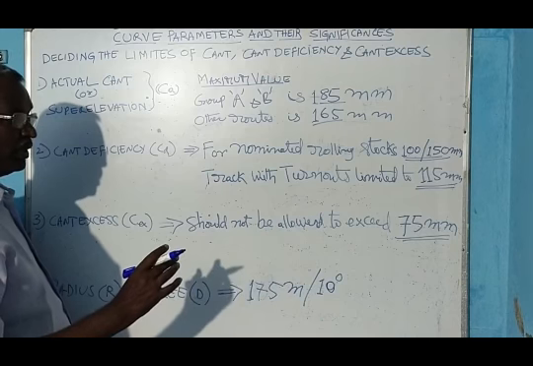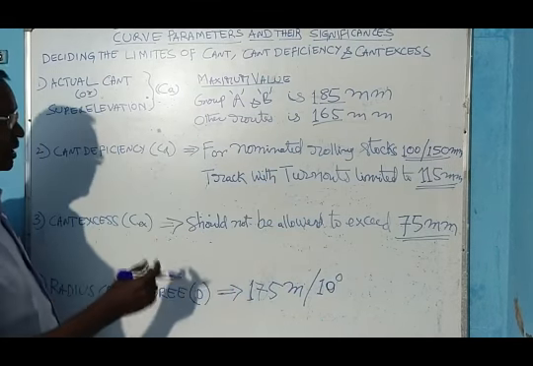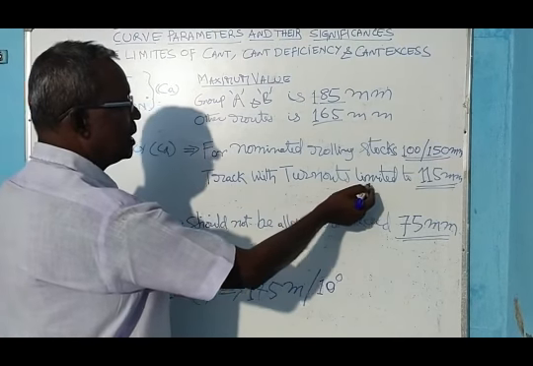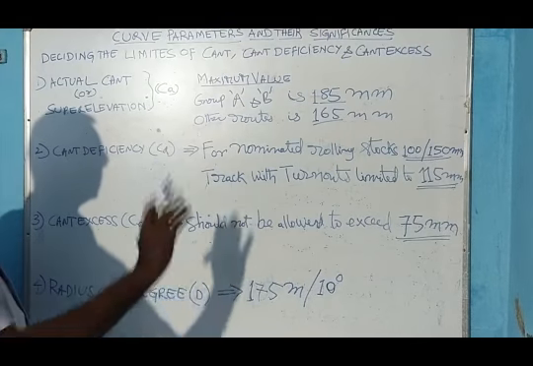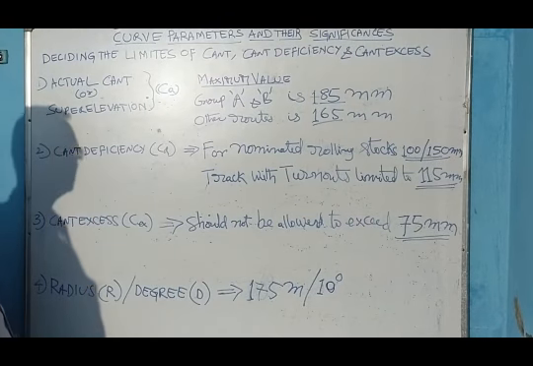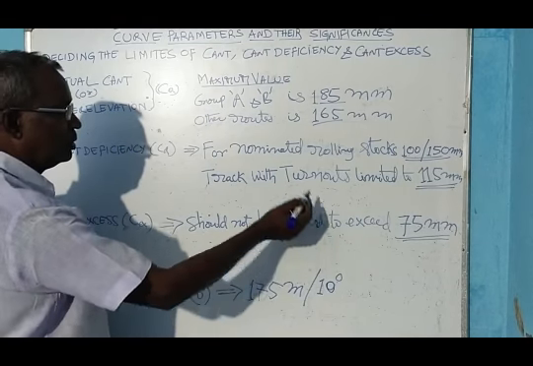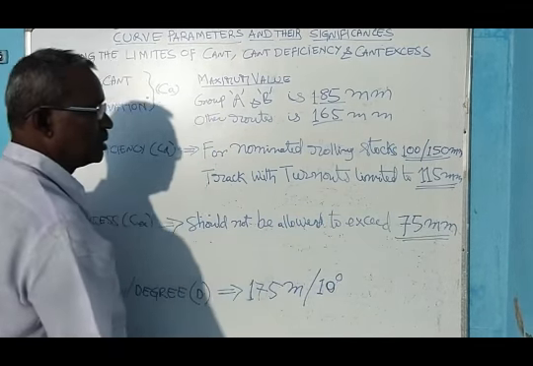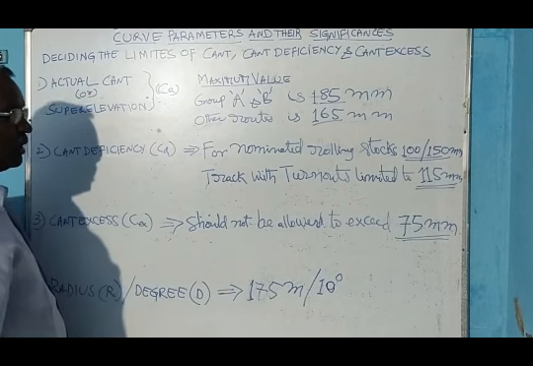If any turnout falls on the curve, that is track with turnouts, the cant deficiency is limited to 115 mm for any rolling stock. Number 3, cant excess should not be allowed to exceed 75 mm, that is limited to 75 mm only.